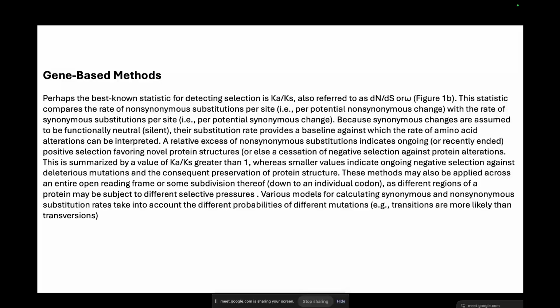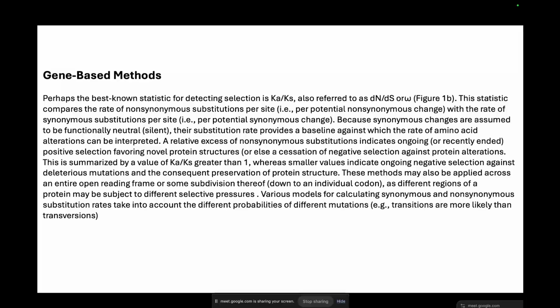Now, there are various methods to calculate this ratio, various models for calculating synonymous and non-synonymous substitution rates, and they take into account different probabilities of different mutations. For example, transitions are more likely than transversions. So a purine to purine change or a pyrimidine to pyrimidine change has a much higher occurrence than a purine to pyrimidine change, right?